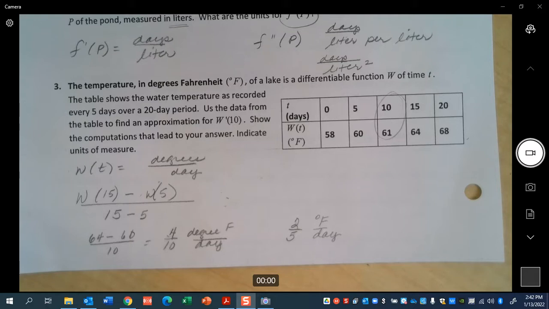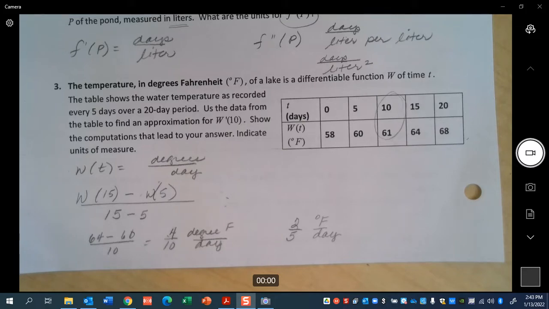I really want you. Why is time not on the top? Is it because this is my input, this is my output? So it's changing your output compared to your input. So for this one, my input is days, and I'm measuring my degrees Fahrenheit.